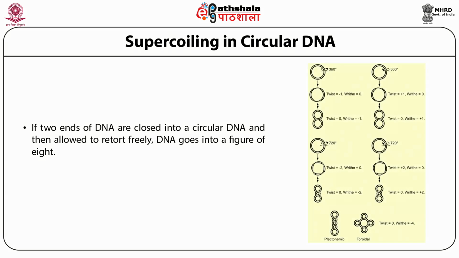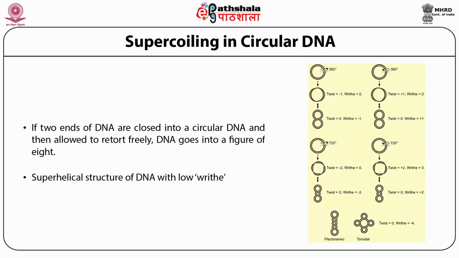If two ends of DNA are closed into a circular DNA and then allowed to rotate freely, DNA goes into a figure of 8 and many such figures. The superhelical structure with few low writhes, we will explain it later, is shown in this picture.